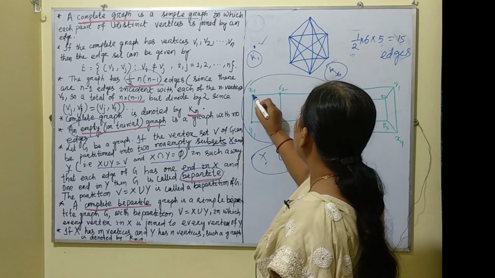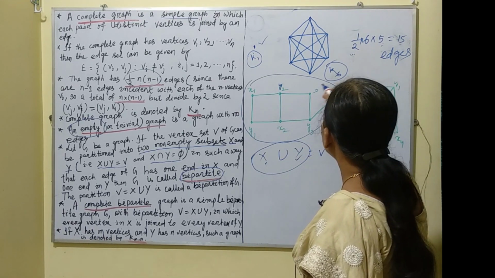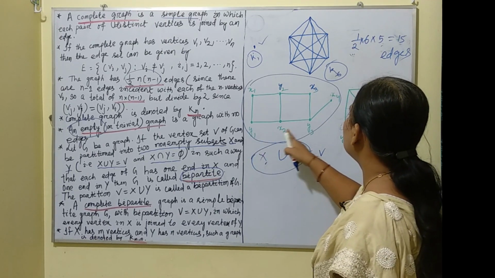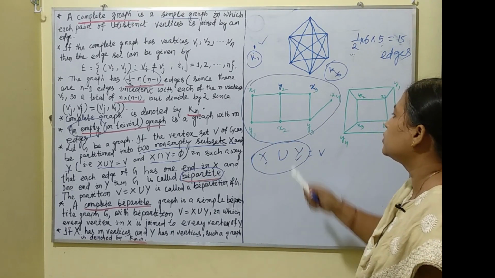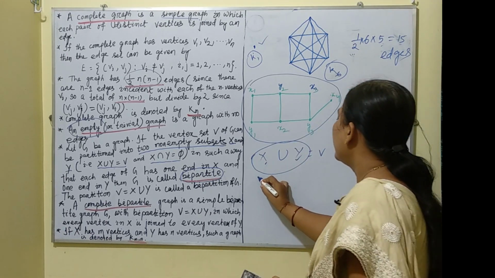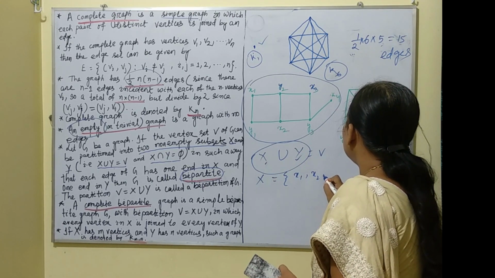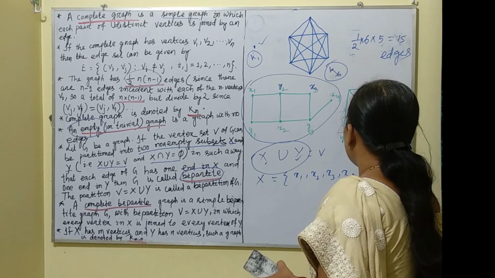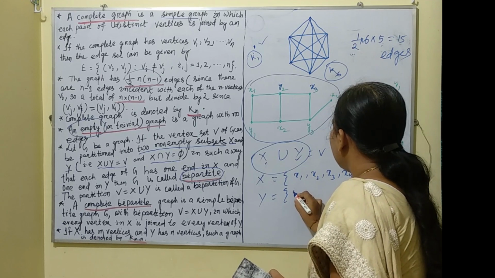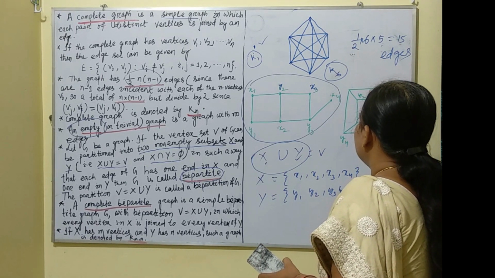So see here X1, Y2, X3, Y1, X2, Y3, X4. So there are 7 vertices, and we divide them into two parts. In the X set we can write X1, X2, X3, X4, and in the Y set we can take Y1, Y2, Y3.